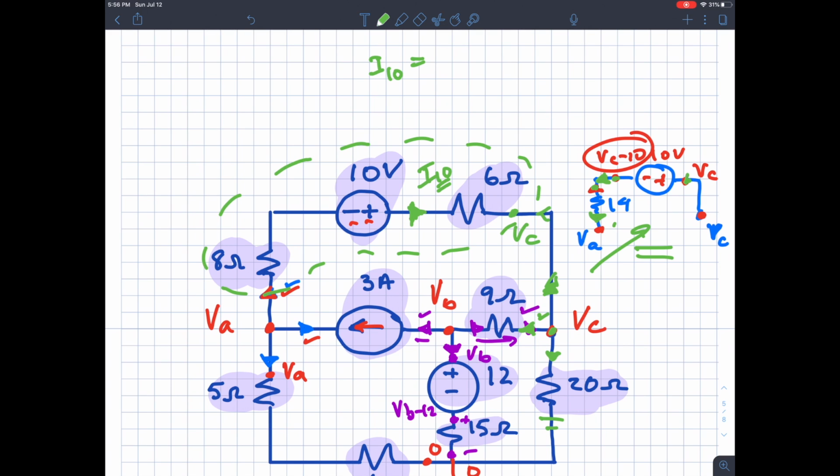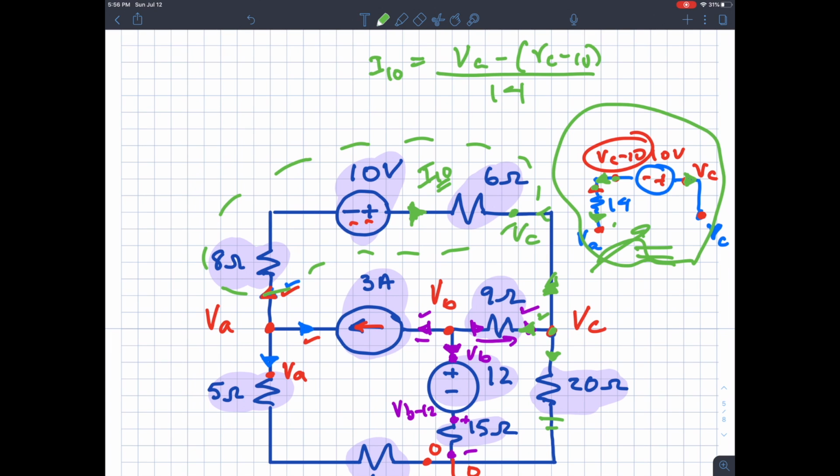If we want the current being referenced to the left, this would be VA minus VC minus 10 divided by the equivalent resistance 14. So this comes from this little equivalent circuit that we can mentally do, or we can write that down and get it. That would be the current using the active sign convention going through the 10 volt source.